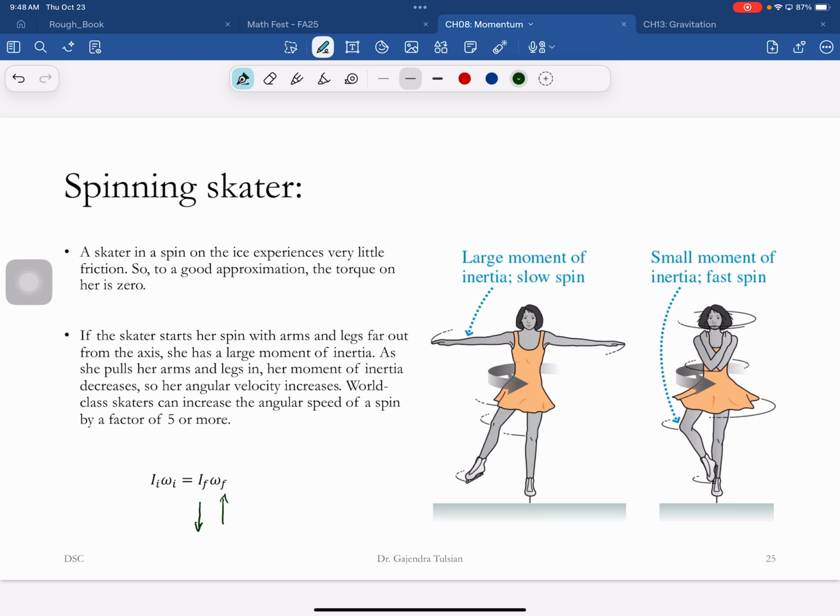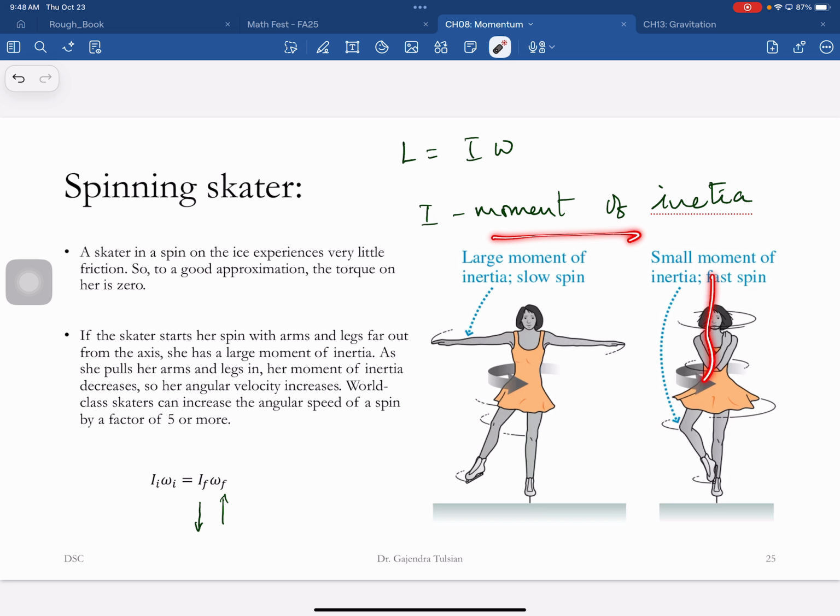Angular momentum, denoted by L, is I times omega, where I is the moment of inertia. Moment of inertia depends on how your mass is distributed about the axis. The further out your mass is from the axis, the greater the moment of inertia.